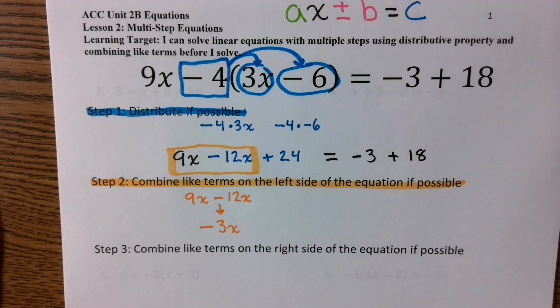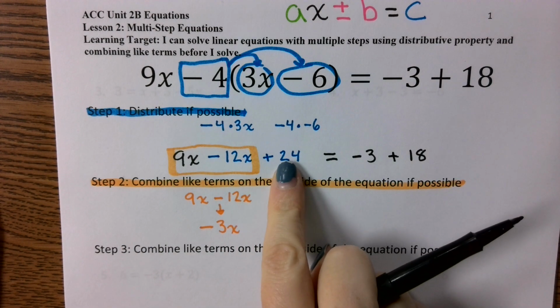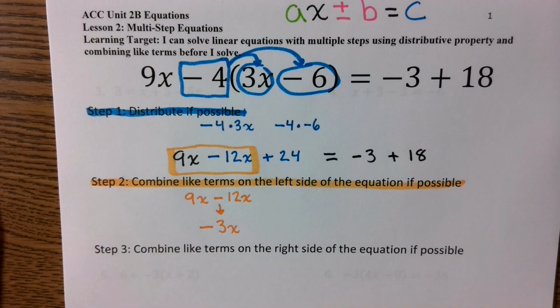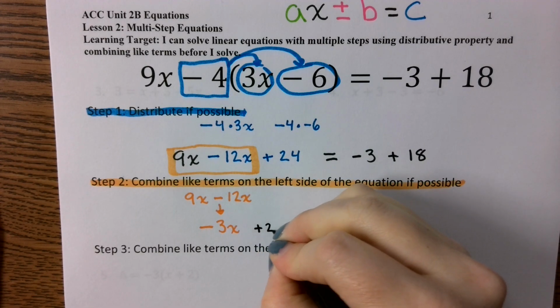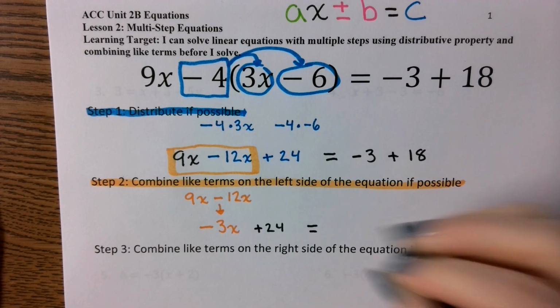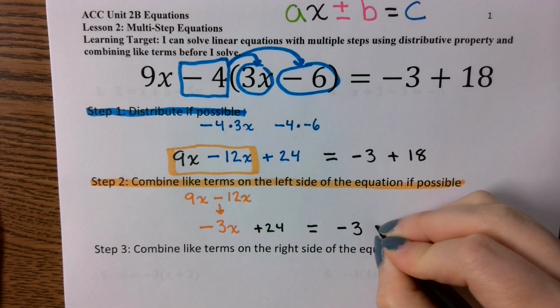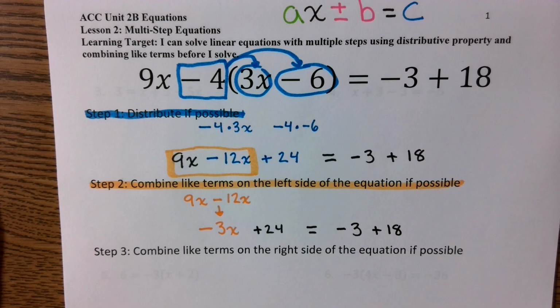Now, we still have a plus 24 that cannot be simplified with anything, so I'm just going to bring it down. And it's set equal to my right side, -3 plus the 18. Okay, so I have simplified the left side of my equation as far as I can. -3x plus 24 is as simplified as it's going to get.